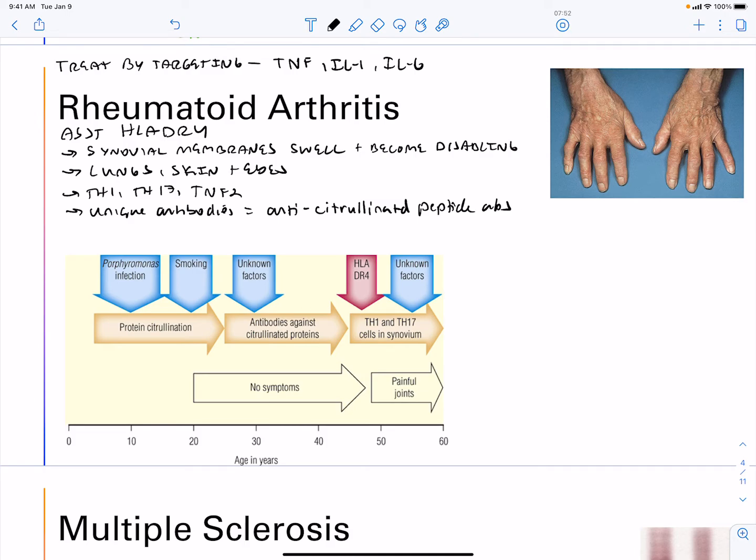You also have rheumatoid factor. And this is going to be anti-IgM plus IgG antibodies.